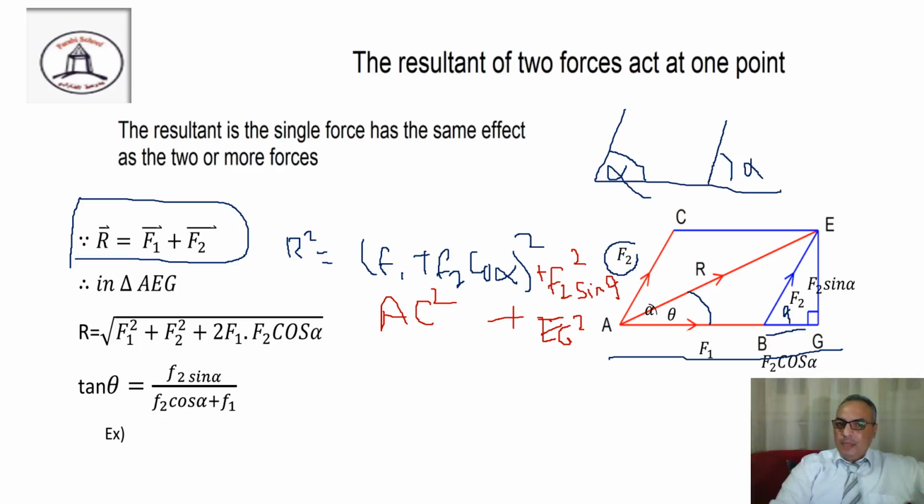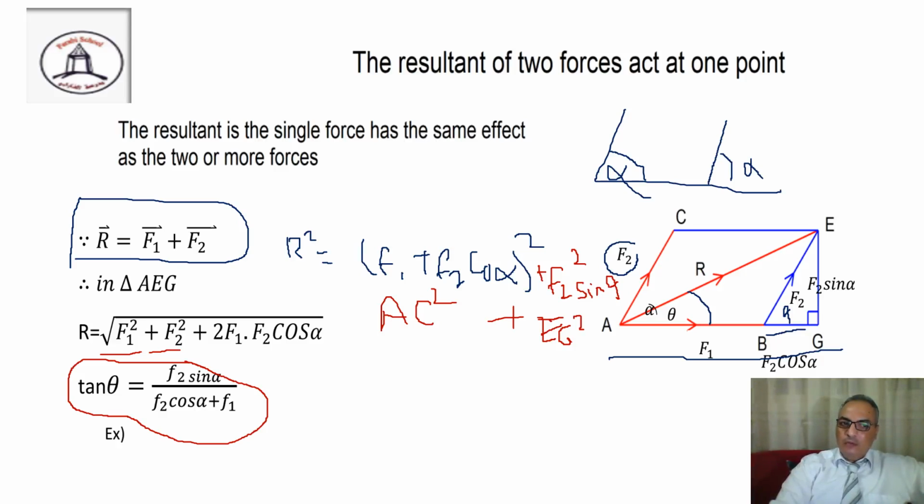So expand this bracket and collect the like terms to get R square equals F1 square plus F2 square plus double F1 F2 cosine alpha. Now who can tell me the direction? Who can tell me what is tan theta?